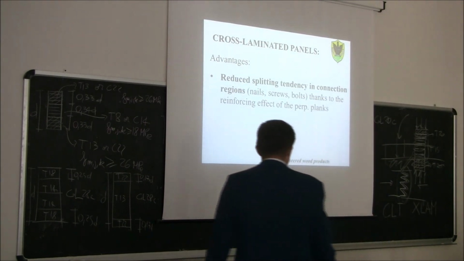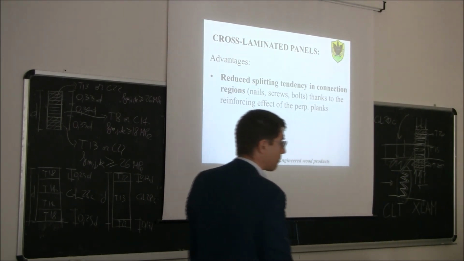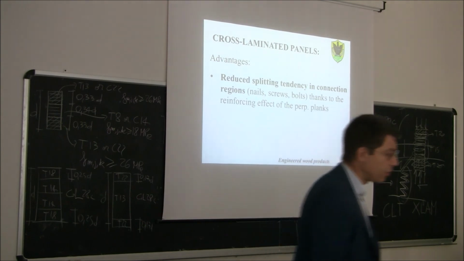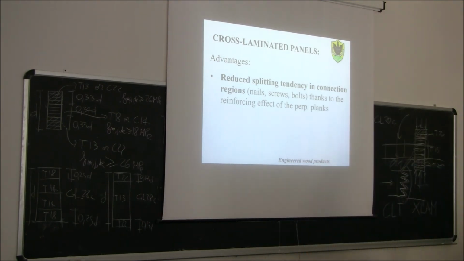And then there is another very important advantage. We haven't talked yet about connections, but we have already mentioned that connecting these members together will be the key action in design. So we will have to make sure that these members can be connected very well to each other.